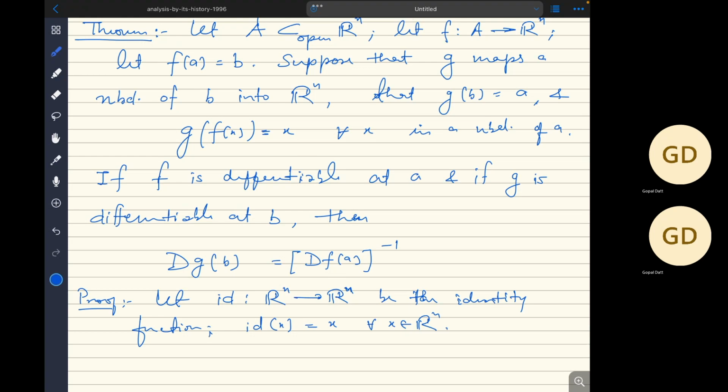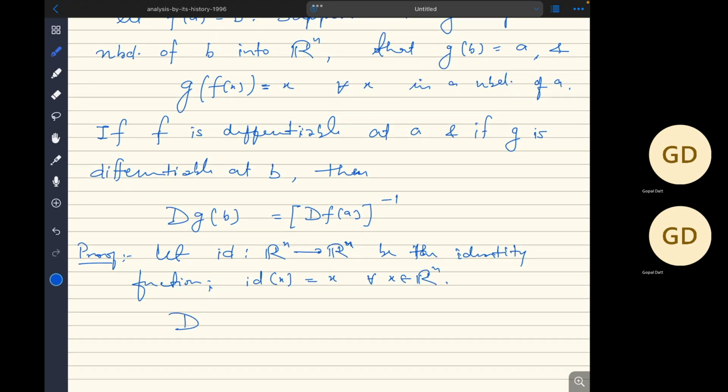Then what is D of this identity function? This is the identity matrix of order n cross n.